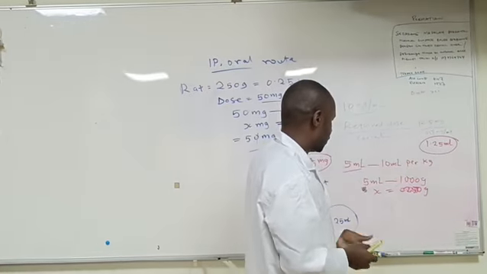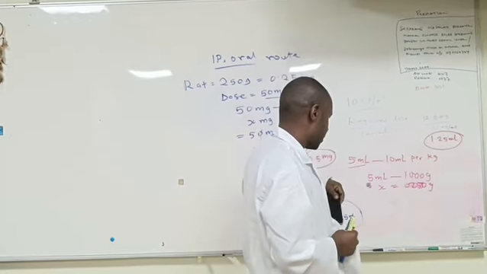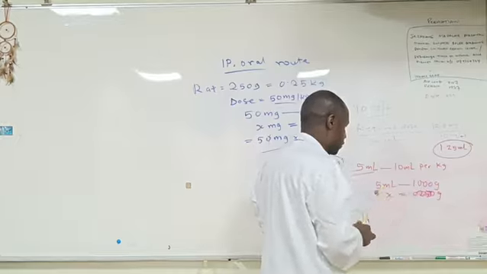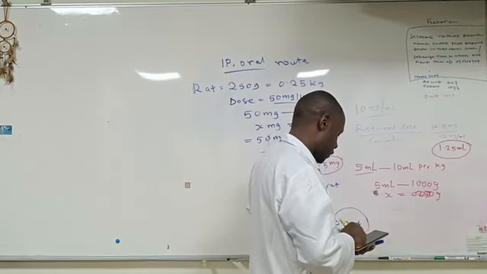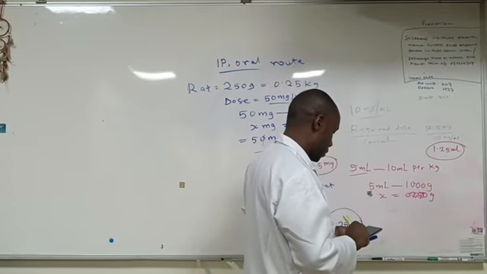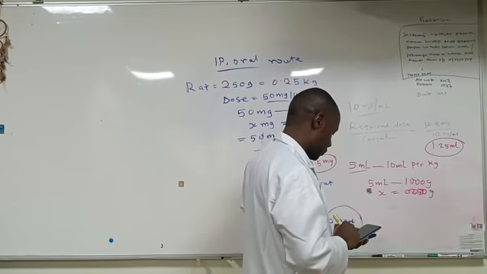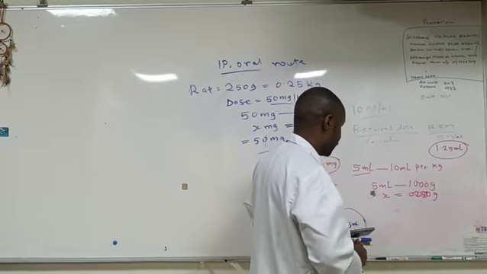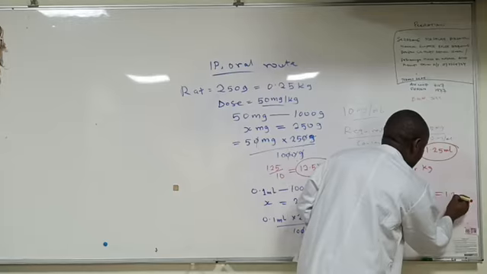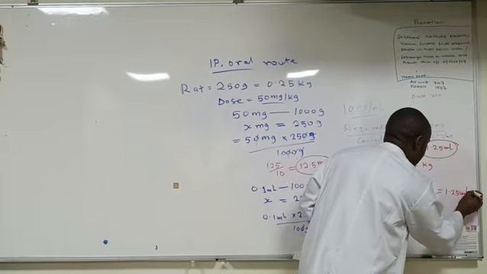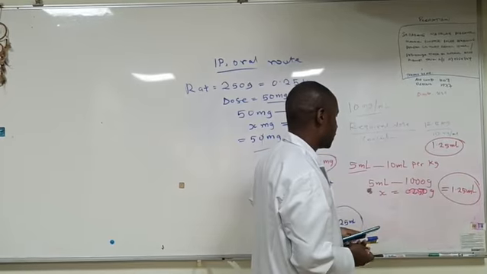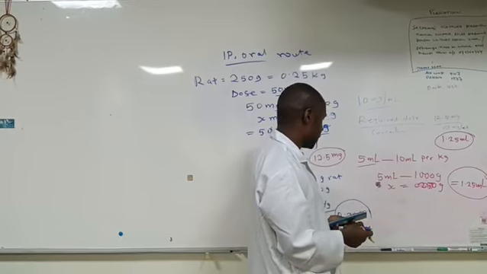You can do it per kg or per gram, as the case may be. You just cross multiply to get x. So it means 5 by 250 divided by 1,000. So you still arrive at the same amount, which is 1.25 ml. So it's within the safe or recommended volume to be administered.